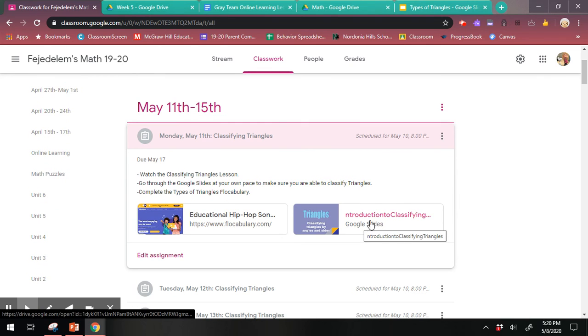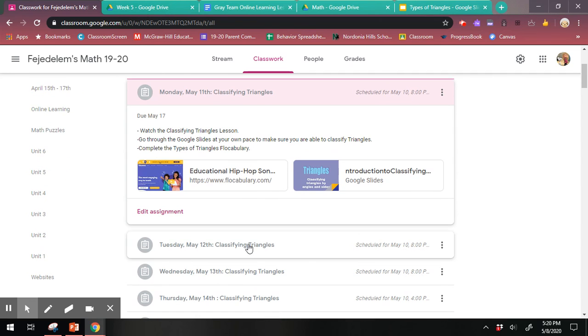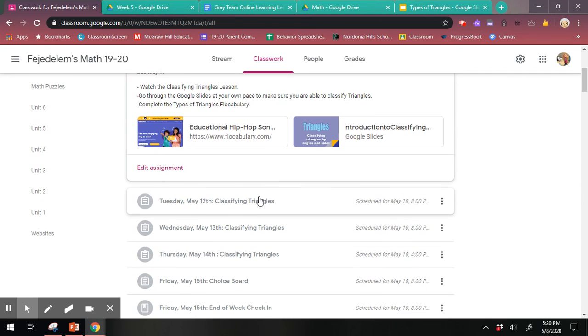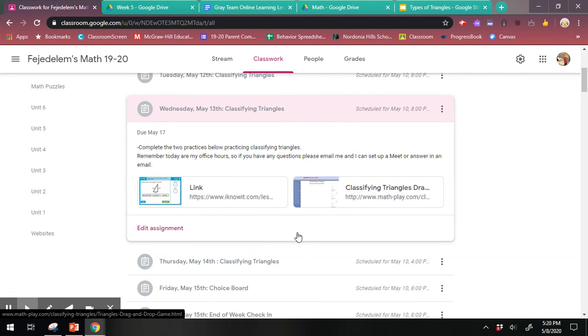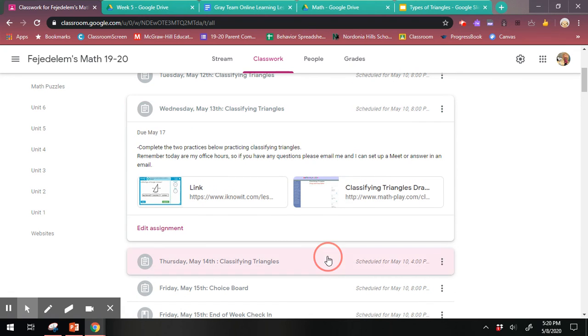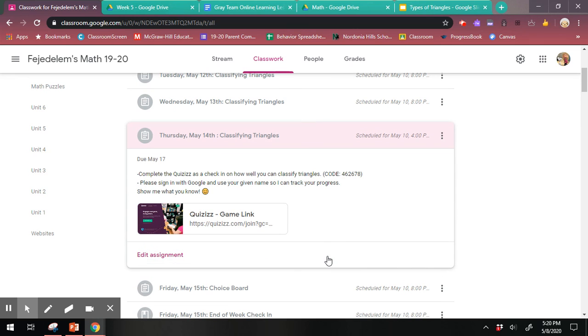Then I want you to go through this Google slide where you will classify some triangles. Then there is the vocabulary, and you will continue practicing classifying triangles all week. So there's a brain prop with sorting triangles. There are 2 classifying triangle games, and then Thursday there's a quiz to check your understanding about classifying triangles.